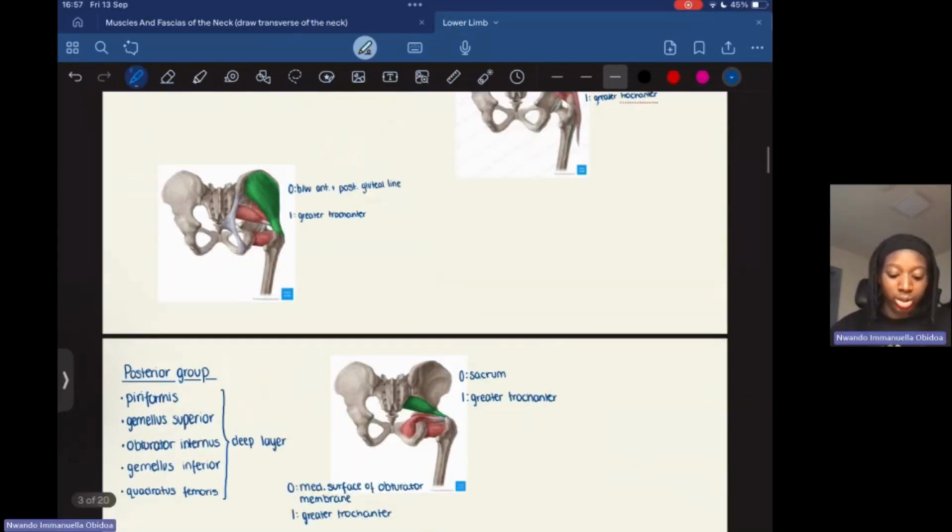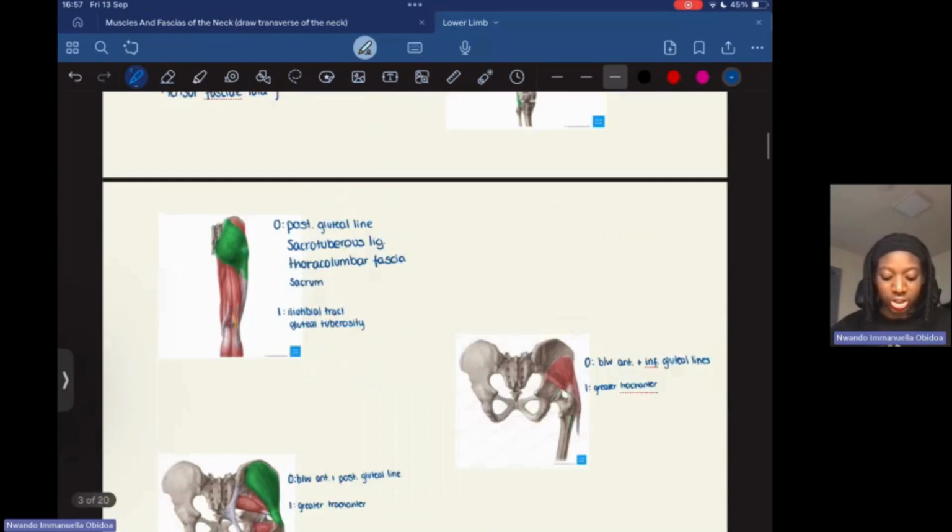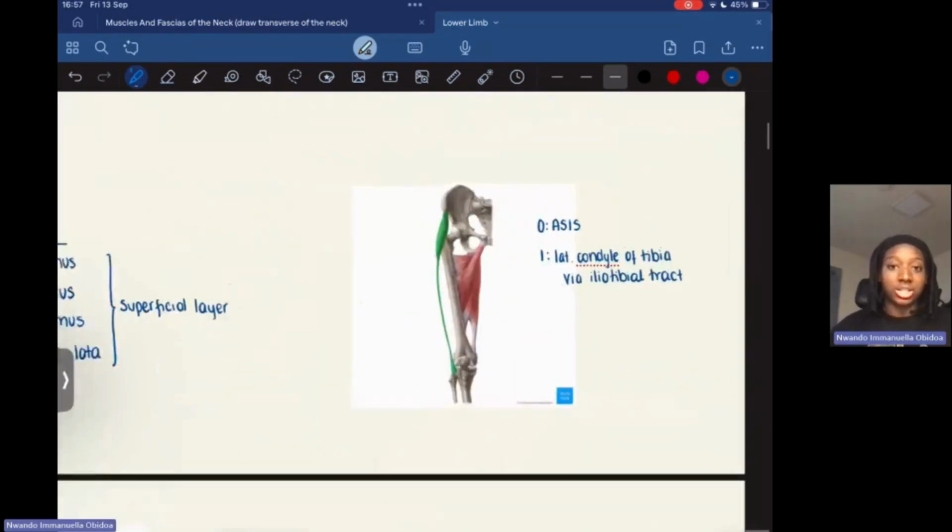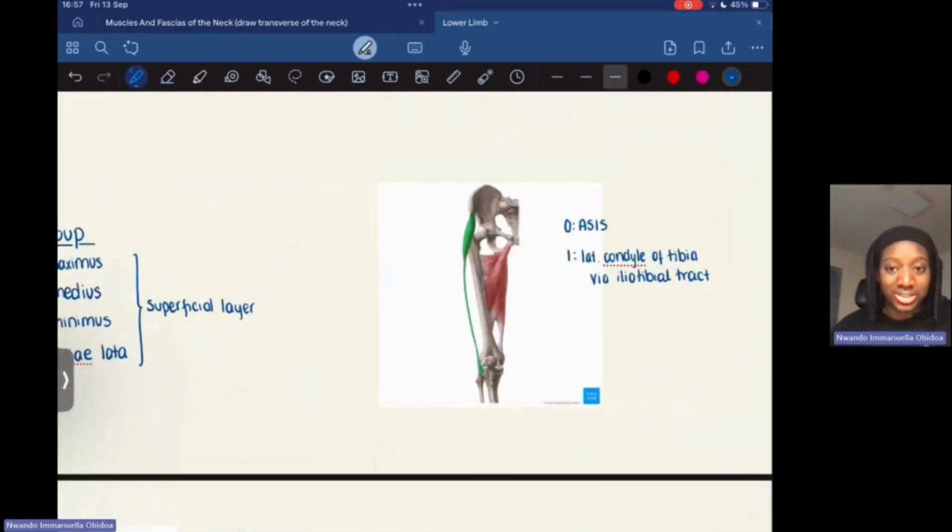So starting with the tensor fascia lata, it can be found on the anterior superior iliac spine, and then inserts on the lateral condyle of the tibia via the iliotibial tract, which means that the tensor fascia lata inserts on the iliotibial tract, which is attached to the lateral condyle of the tibia.